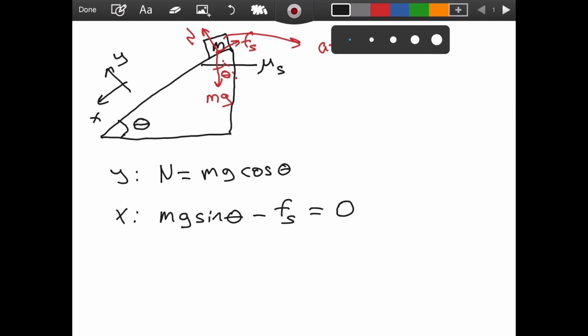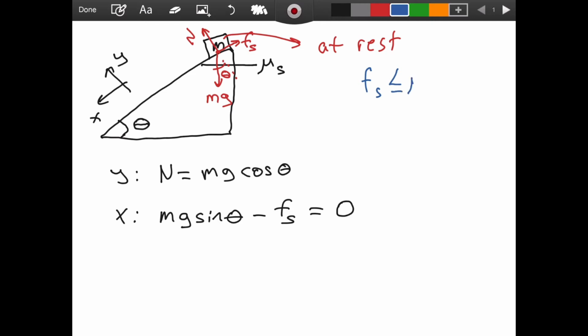Now, I want to remind you of an important equation, and that is for the force of static friction. It says that the force of static friction is less than or equal to the coefficient of static friction times the normal force. Now, for the force of static friction, we will still keep it like that, but for the other side of the inequality, we will substitute for the normal force this expression that we found. So we will substitute mg cosine of theta.